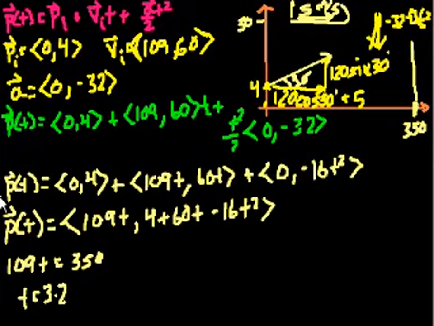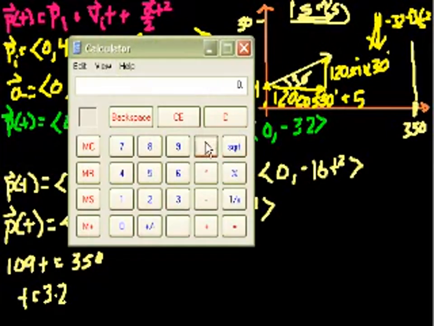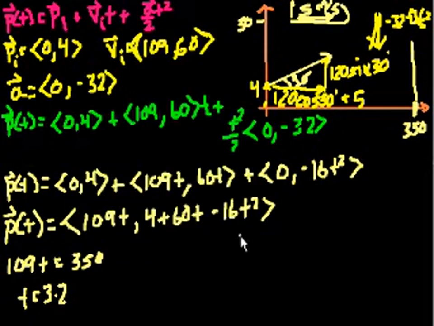And so what's the height at 3.2 seconds? So let's square that. 3.2 times 3.2 times 16, let's just say 164. So this equals 164.